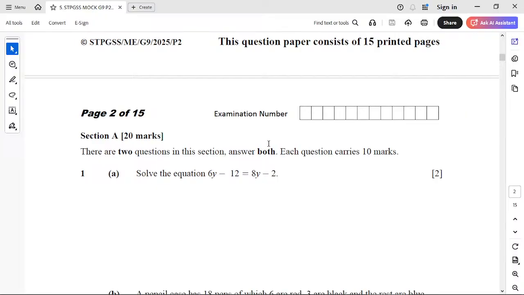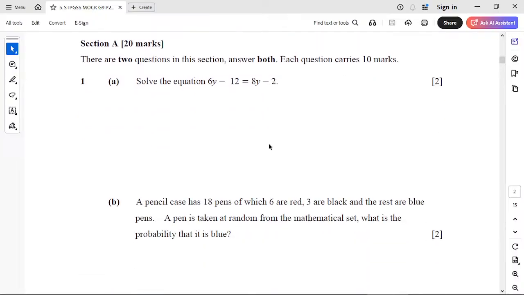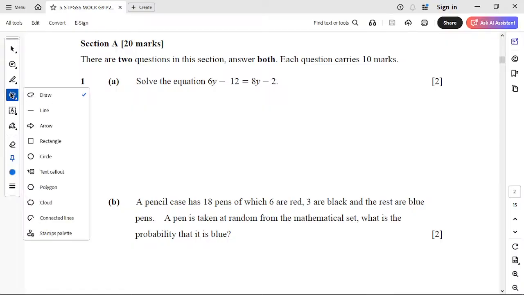So we have question one here, which is question 1A. This paper this year for grade 9 is going to come with a provision where you're going to indicate your answer. So that means you're not going to get the answer booklet when you're writing the mathematics exam. So we're going to start.